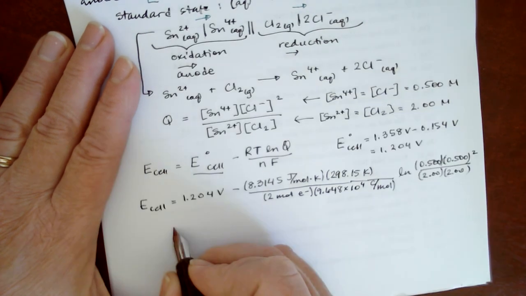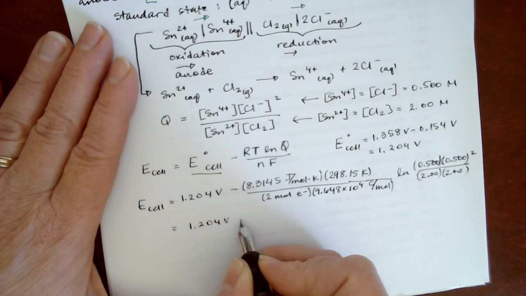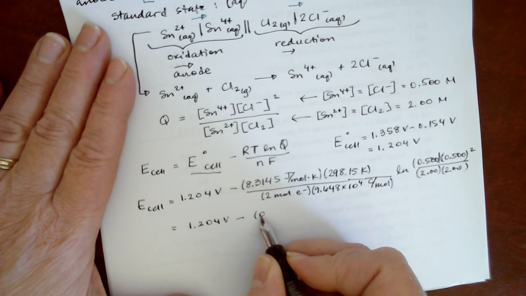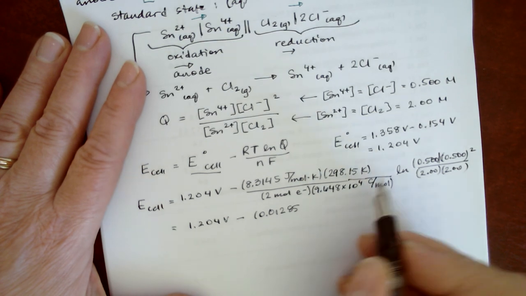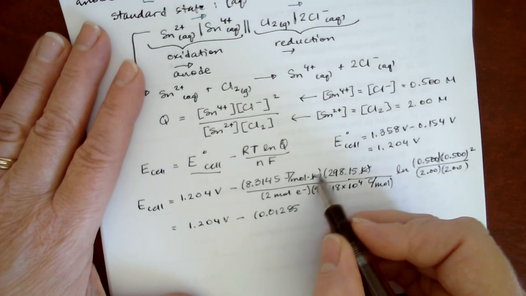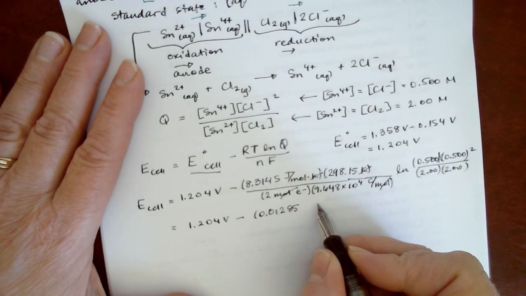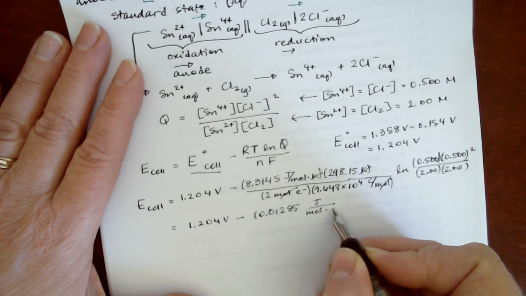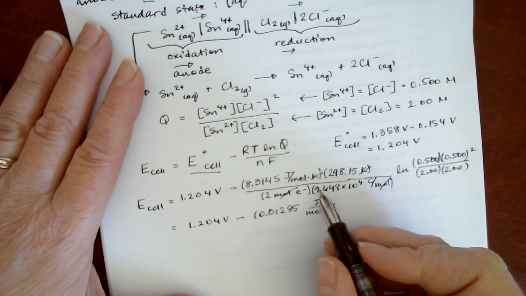Okay, so in my intermediate work here, this first number I get is 0.01285, and let's see, the units will be Kelvins cancel, these moles of electrons cancel, so we will have joules per mole C. I feel like I need a mole to cancel out another mole.